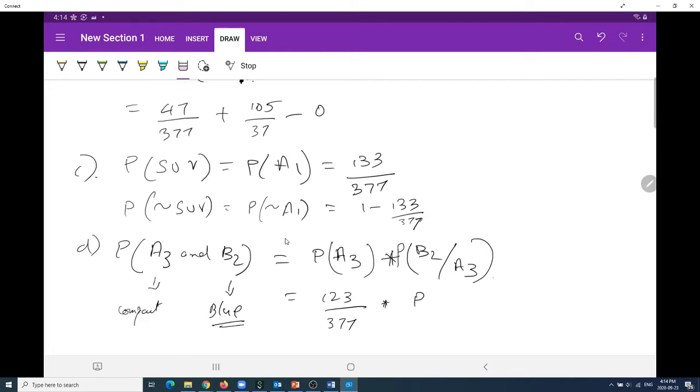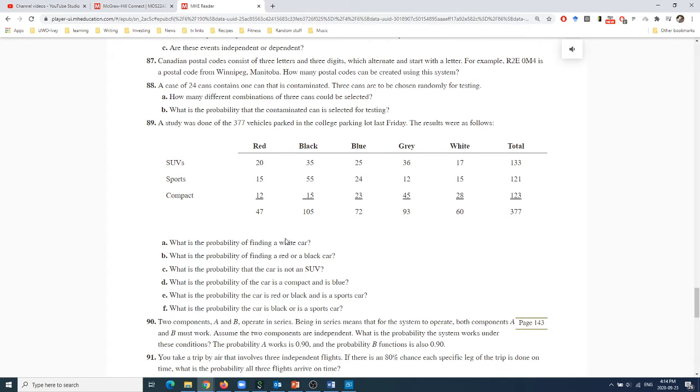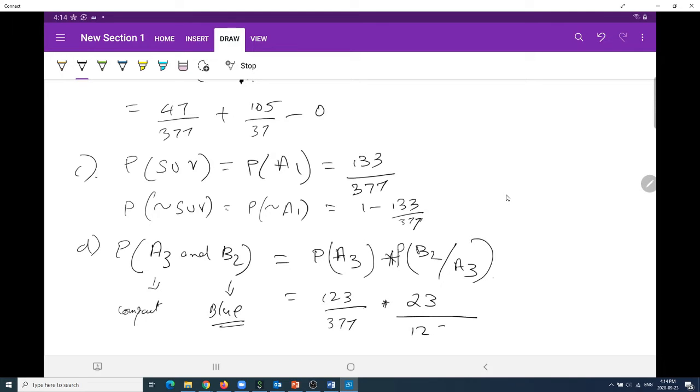So it's blue and compact: it's 23. The 23 observations among 123 compact cars. That's how you look at it. There are 123 compact cars, and this is 23 divided by 123. This becomes 23 divided by 377. So that's the fraction and the answer for part D.